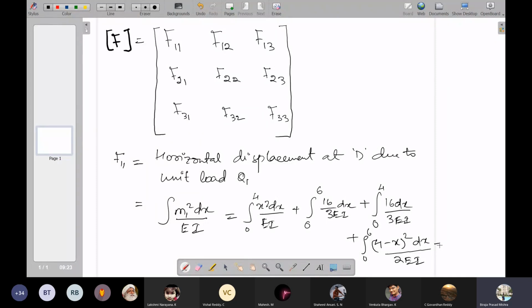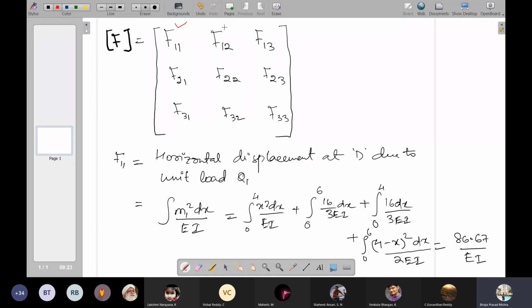So this becomes equal to 86.67 by EI. This is what I got. You please check your answer. Okay, so this is F11. So we have determined the F11.